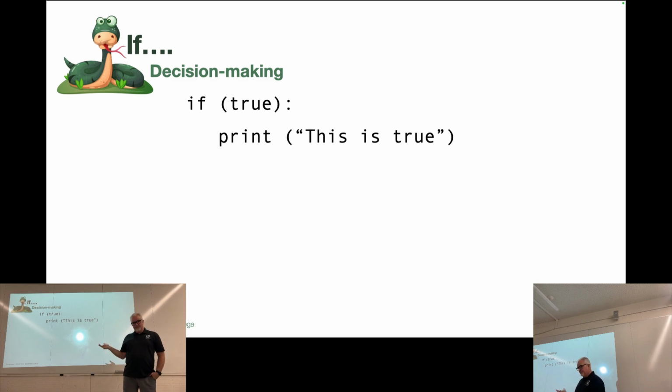And then we have a colon. And if that expression is true, then everything in the indented code block beneath it, so every subsequent line that is indented, will be run if this is true. Okay, we played around with that.